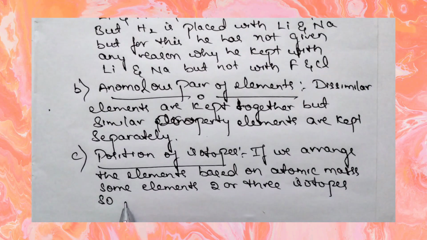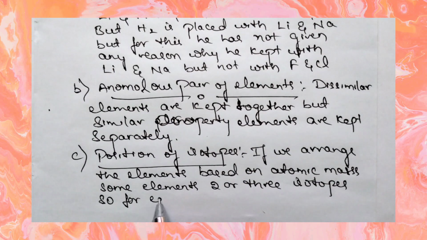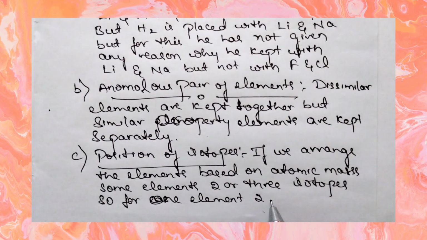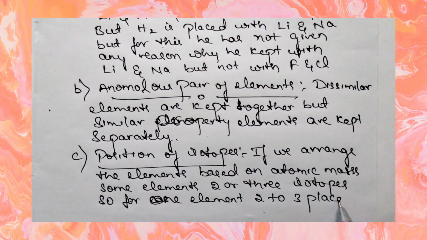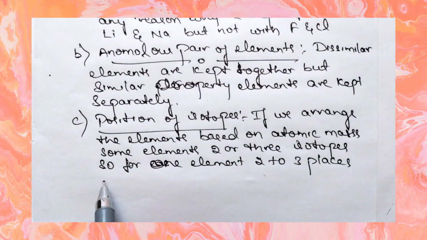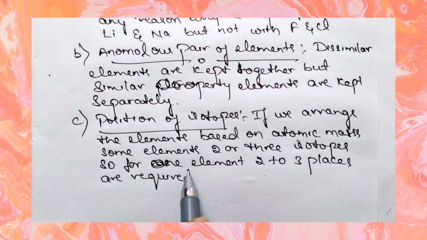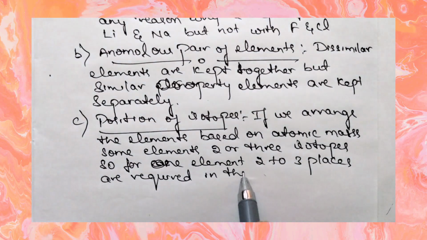So for one element, 2 to 3 places are required in the table.